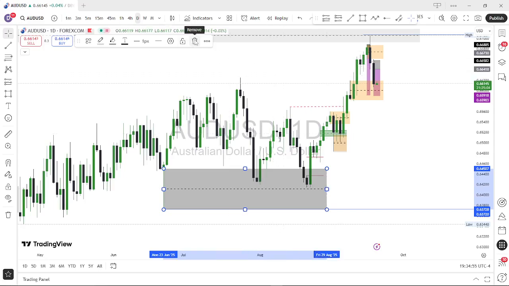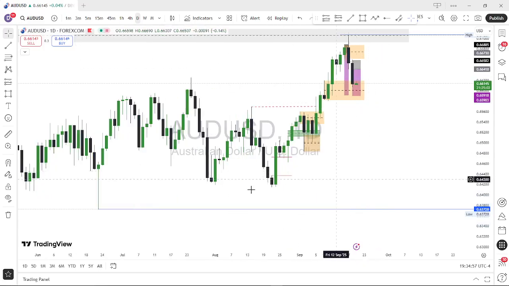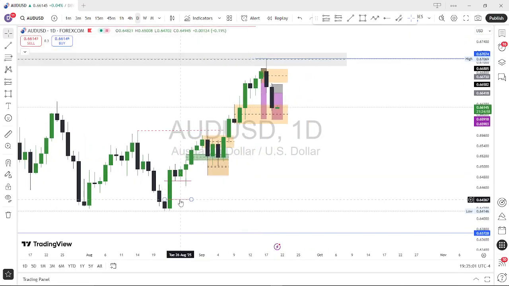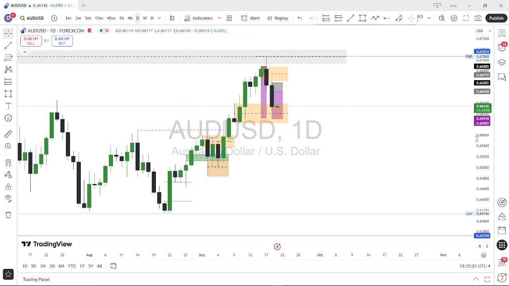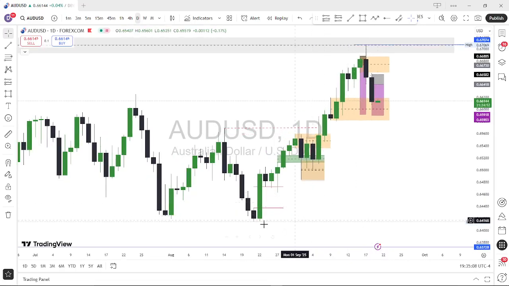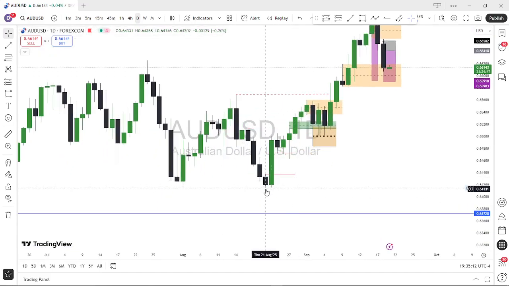So let's take this off. Let's dive straight into our main setups and explanation. As you can see, on the daily time frame we have candles, and all these candles are not just candles.